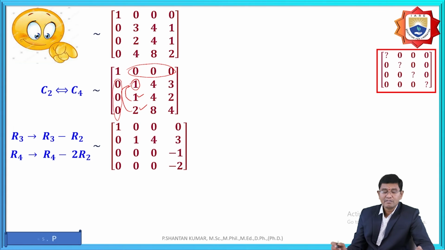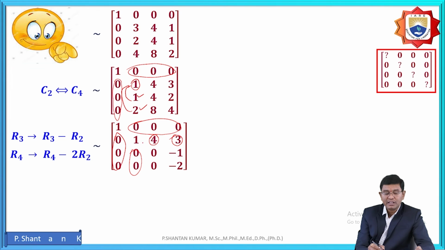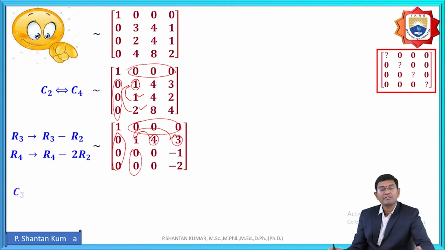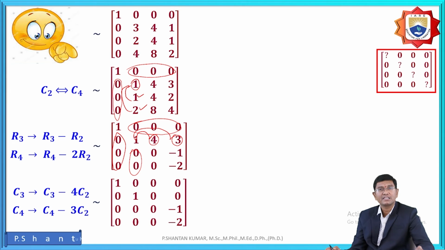Here this is completed, and this is also completed. Now our target is to reduce two more entries to 0, with the help of C3 minus 4C2 and C4 minus 3C2, then the values will be 0. Therefore, based upon this, you obtain the matrix like this.